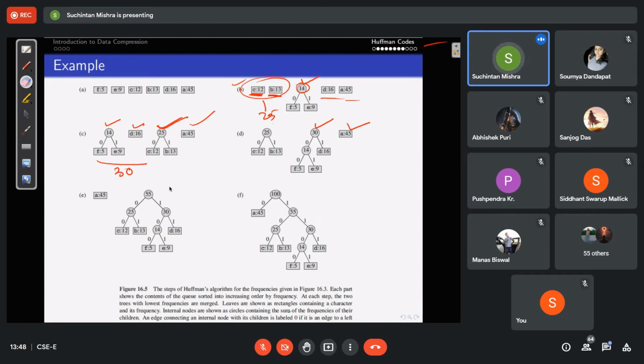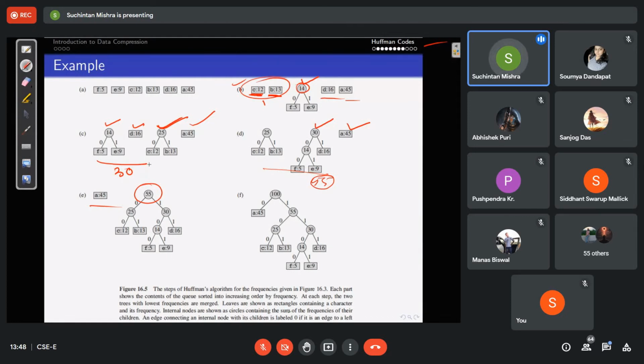Now, the least two nodes are 25 and 30. So 25 and 30 will be combined to become 55. So one node is 55, which is the second node because A's frequency is 45, lesser than 55.